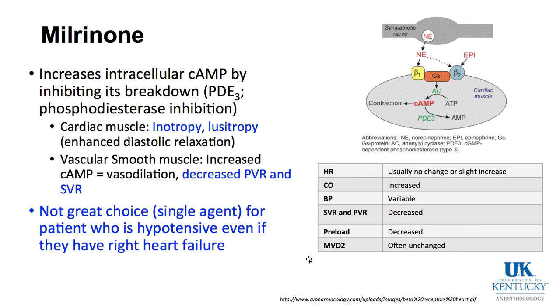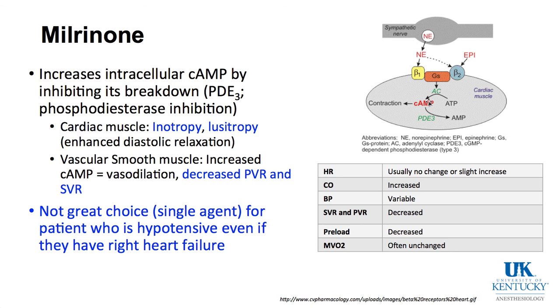Milrinone is the next topic, the drug. It increases intracellular cyclic AMP by inhibiting its breakdown. It is a phosphodiesterase 3 inhibitor, and the graphic on the top right shows phosphodiesterase, PDE3 here, and cyclic AMP.